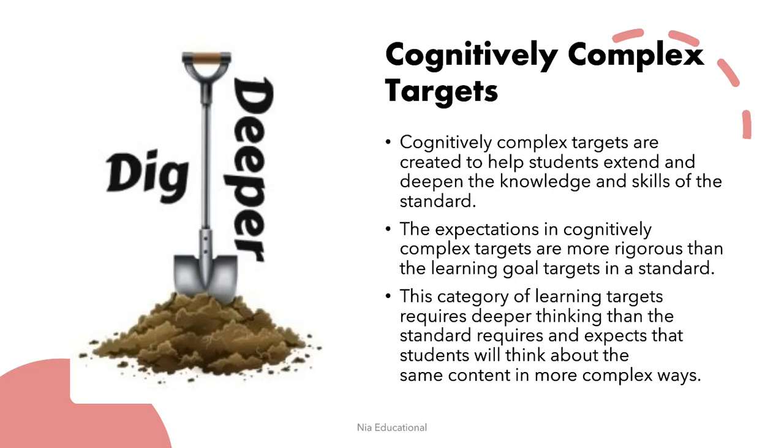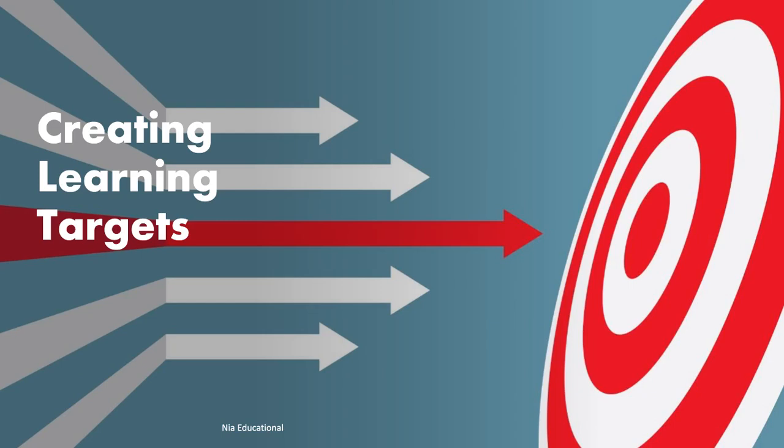We're asking them to go deeper than what is being asked in the academic standard. So the expectations in cognitively complex targets are more rigorous than the learning goal targets in the standard. This category of learning target is going to require deeper thinking than what the standard actually requires, and it expects that students will think about the same content from the academic standard, but in more complex ways.